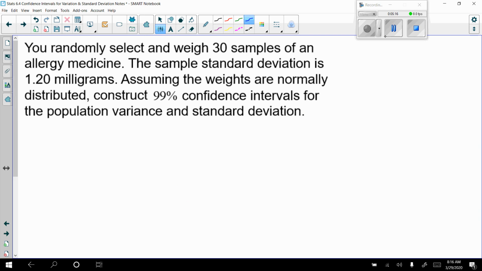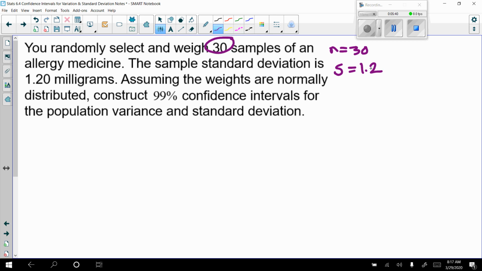So let's try it on this example. You randomly select and weigh 30 samples of allergy medicine. So n equals 30. The sample standard deviation is 1.2 milligrams. So s equals 1.2.